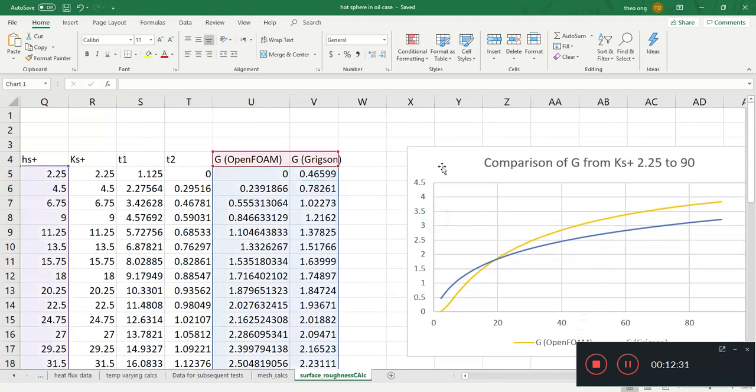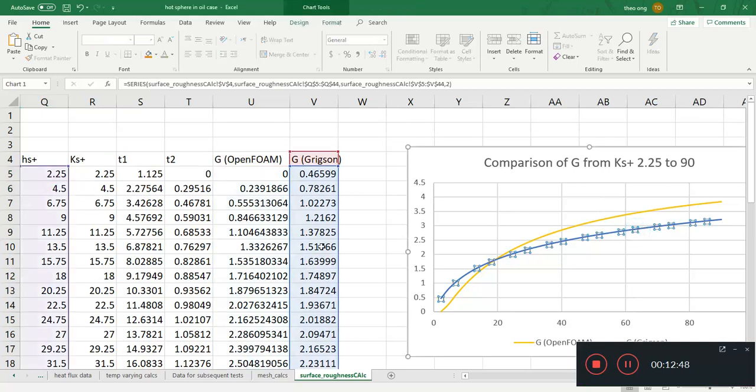In this chart, this is a scatter plot between the G Grigson, which is this blue curve, and the G in OpenFOAM.